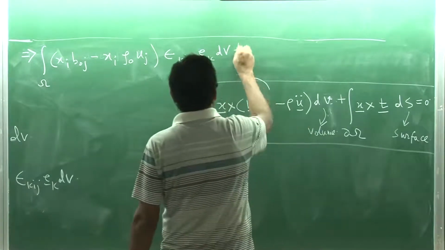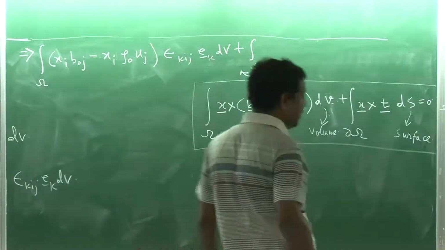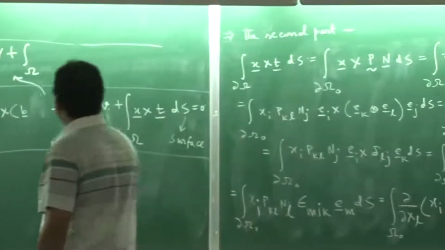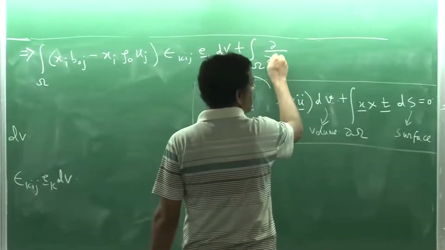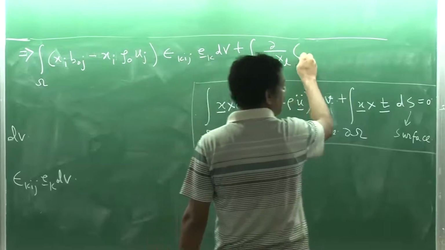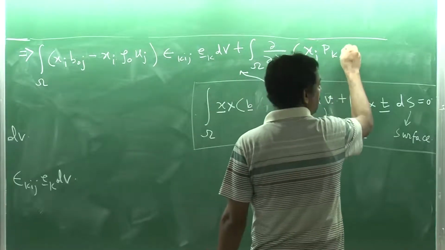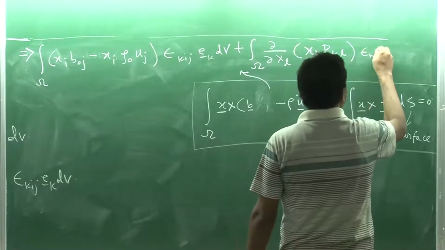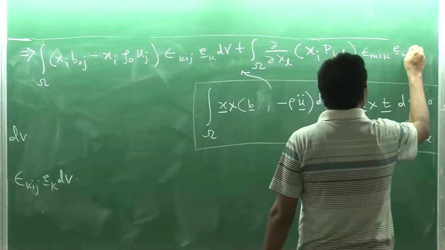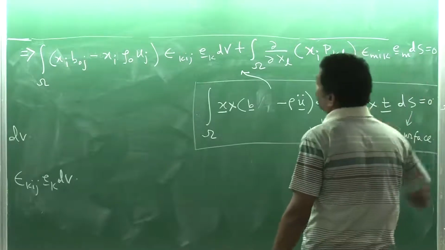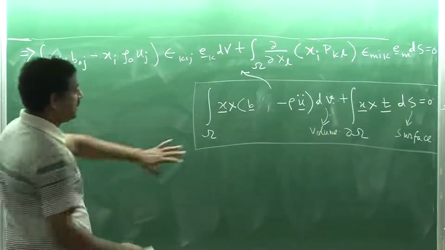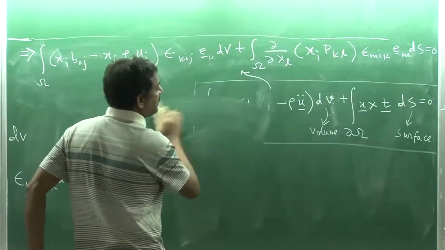And the second part is this one, del del xl, small xi p small kl epsilon m I k em ts is equal to 0, okay, clear. So, this equation becomes this. So, I am just removing this equation now.